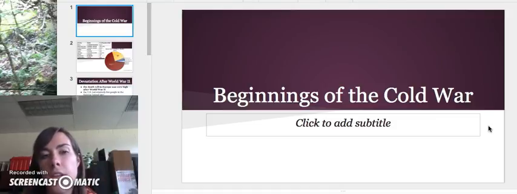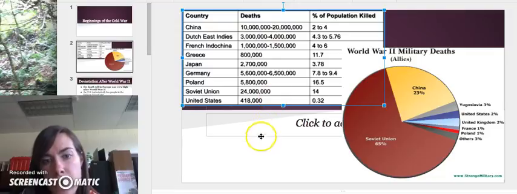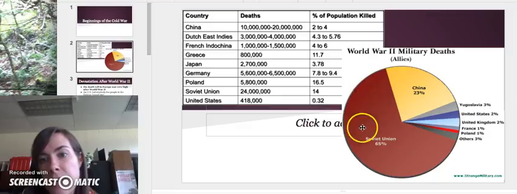Pause me, jot them down. Okay? All right. So when we compare the deaths that happened during World War II by the different countries, we know that the Soviet Union had a huge number of losses compared to other countries. Now that's not to say other countries, obviously, like China, had quite a few losses themselves, but relatively speaking, as far as military deaths, they had the greatest proportion on their side of their allies.